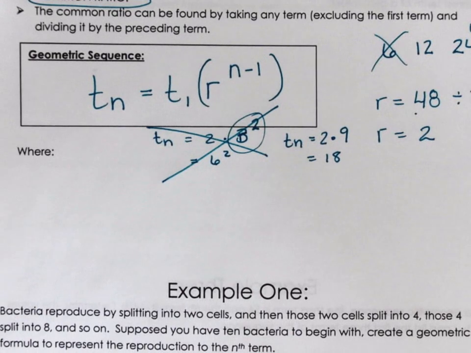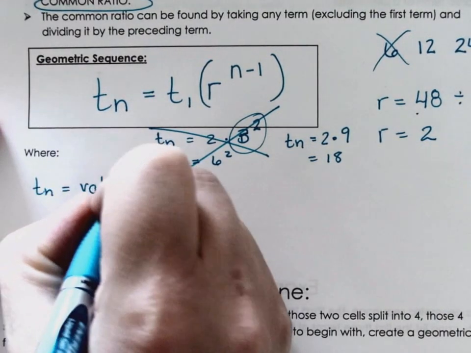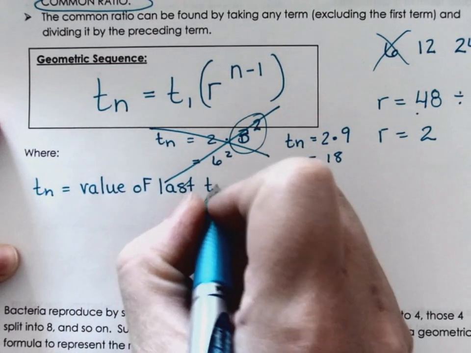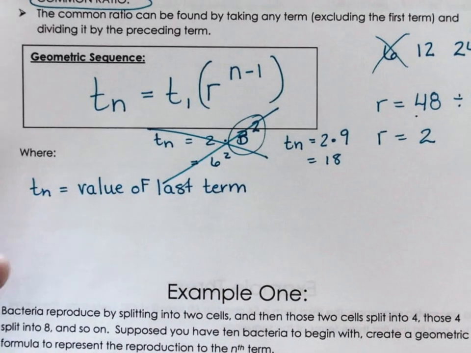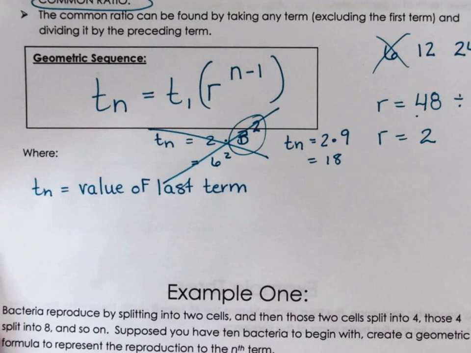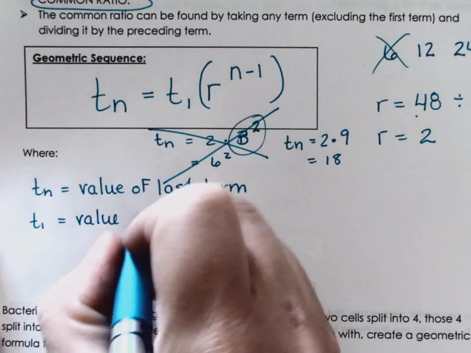Okay, so let's define these. Tn is the value of the last term or the desired term we're looking for. So it's the one we're going to stop at. T1 is the value of the first term.